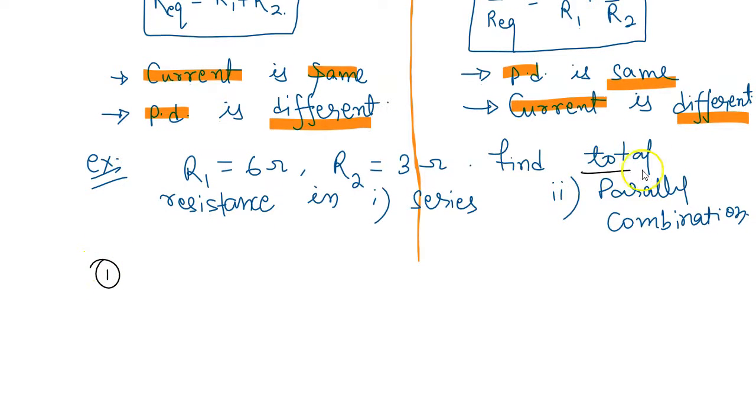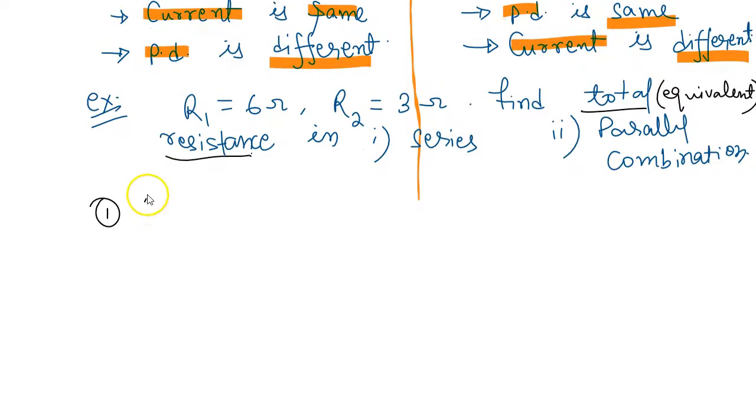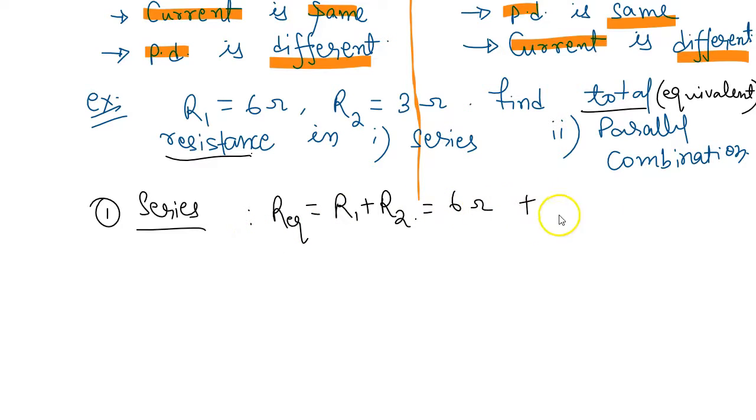See, we want to find total resistance. Total means the equivalent, right? When I'm using the word equivalent, that means the net or the total resistance. So total resistance in series, we will apply the formula that R equivalent is R1 plus R2, right? In series, we get the total resistance using R1 plus R2, and that will be 6 ohm plus 3 ohm, and that will be 9 ohm is the answer.